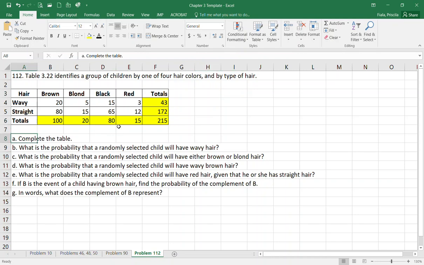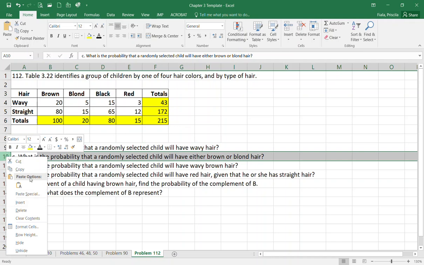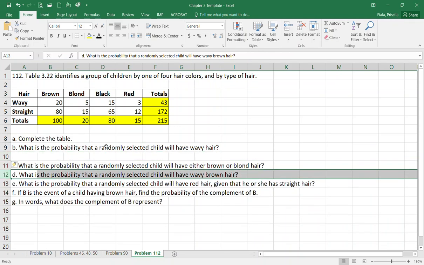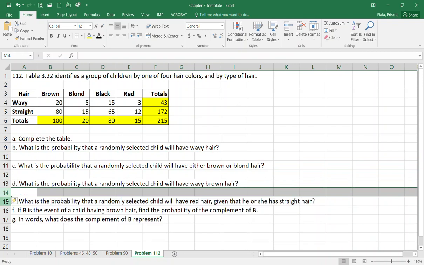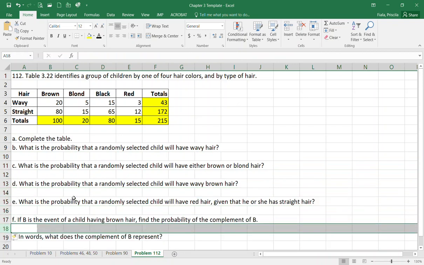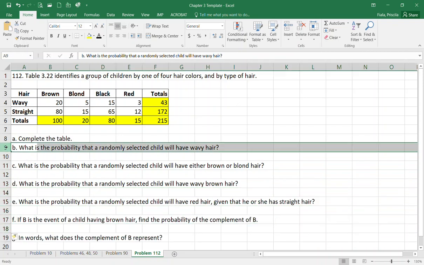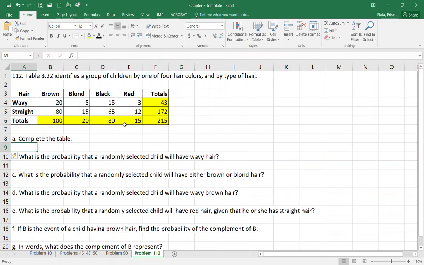So first, complete the table, which we just did. Now we're going to be doing the probabilities, which I should have put a little space in between to give you. Okay, here you go. We complete the table, so done.